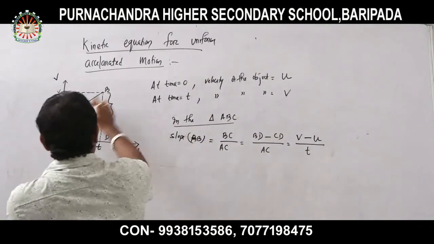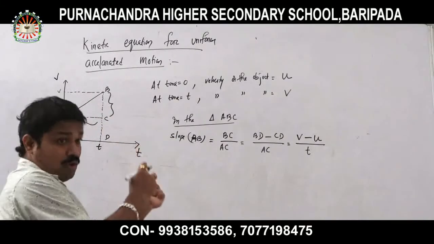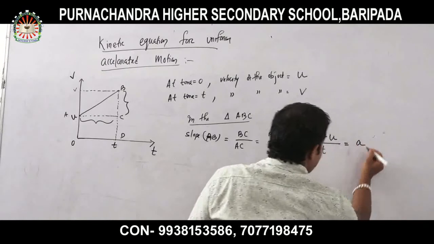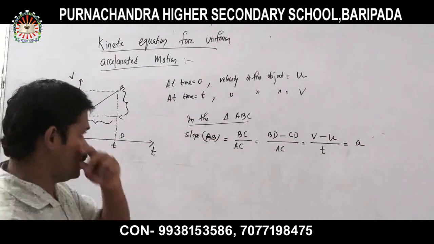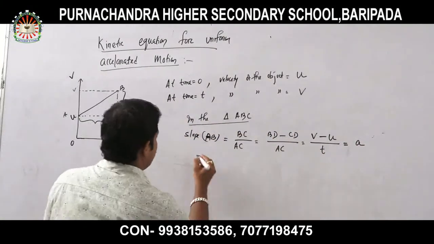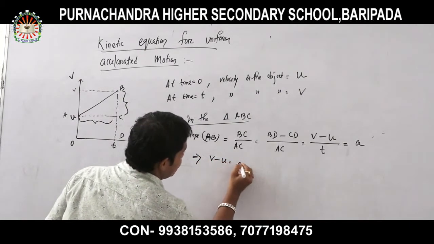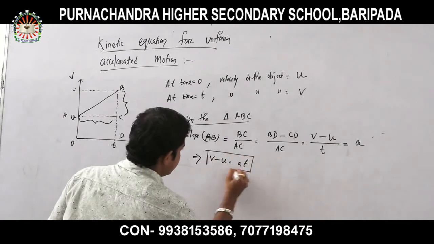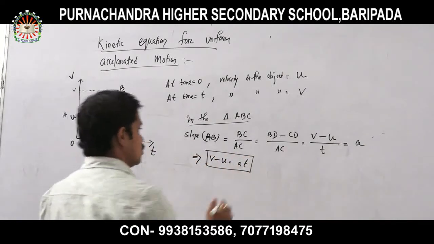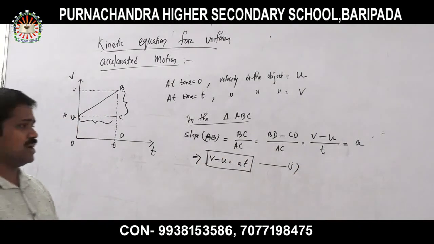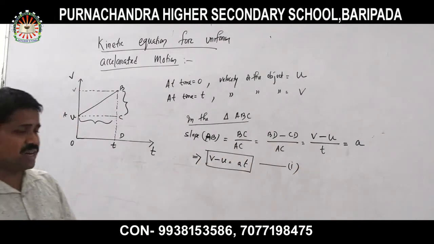And the slope of a VT graph, as I told just now, gives me acceleration. Let us name it as A. So that implies V minus U is equal to AT. Clear? So give it equation number 1. Very simple, first equation derived.